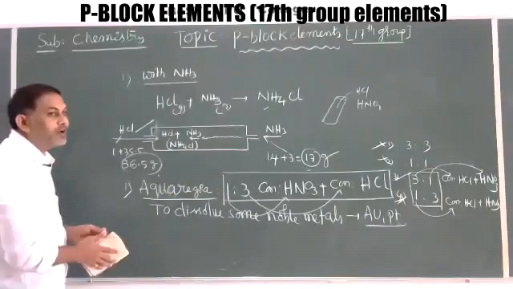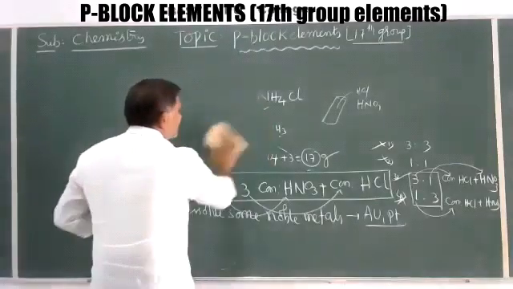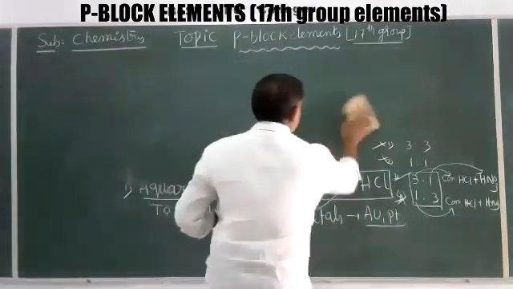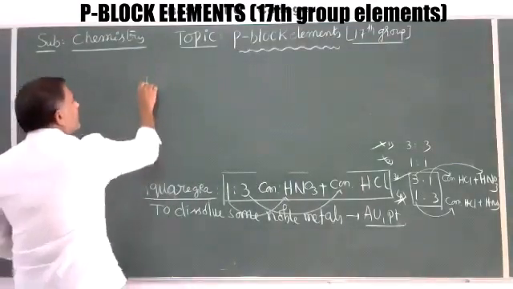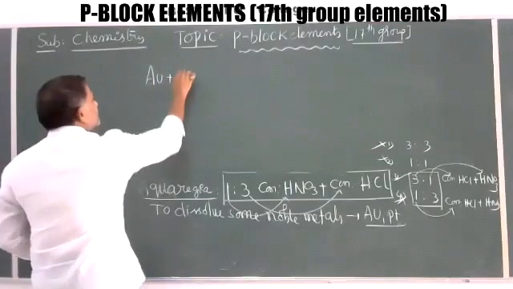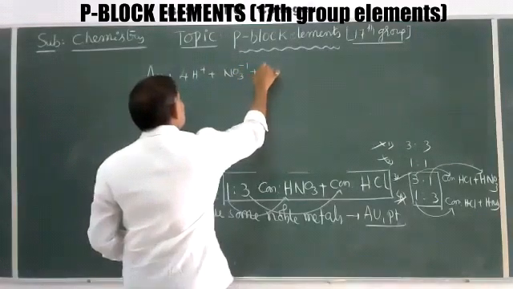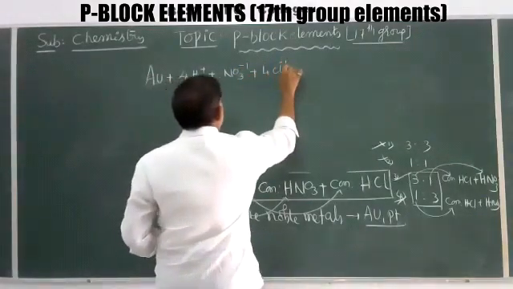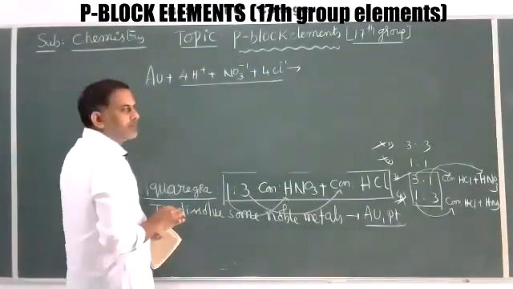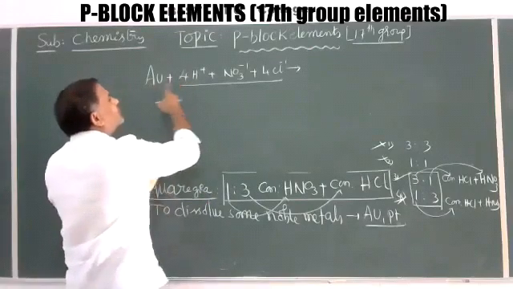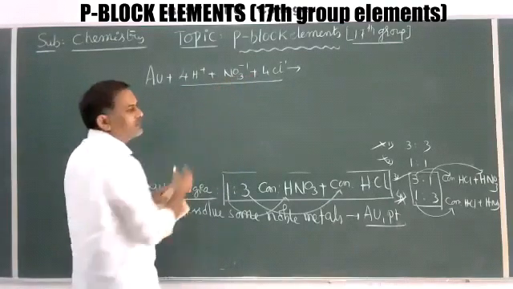It gives corresponding salts. How it dissolves? I'll give two important reactions. Just note down, ionic reaction I'll give. Now here the gold Au reacts with 4H+ NO3- plus 4Cl-. This is the combination of aqua regia. We can use here related to balance that, a number of moles of H+ and Cl- and NO3-.